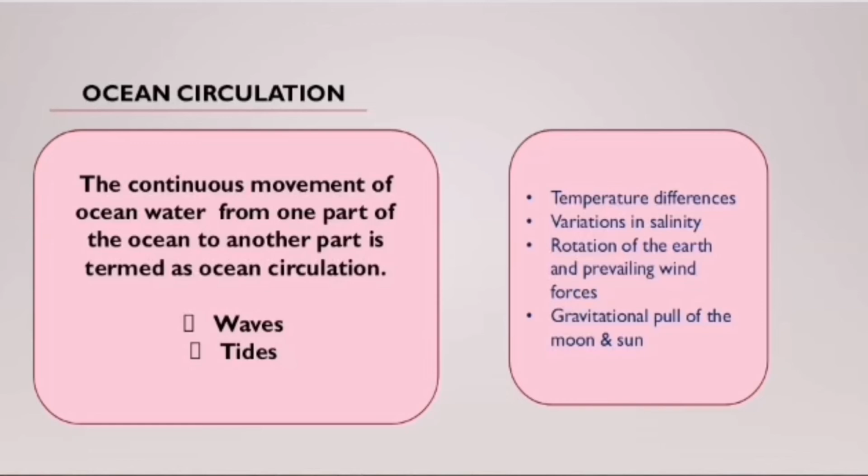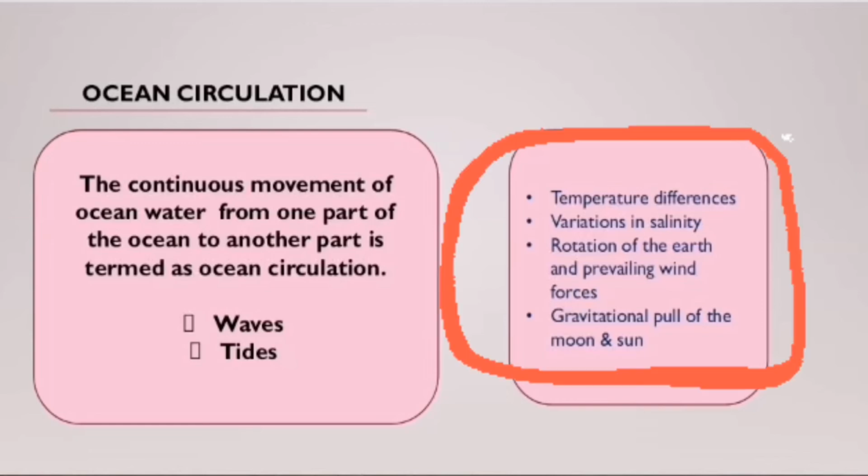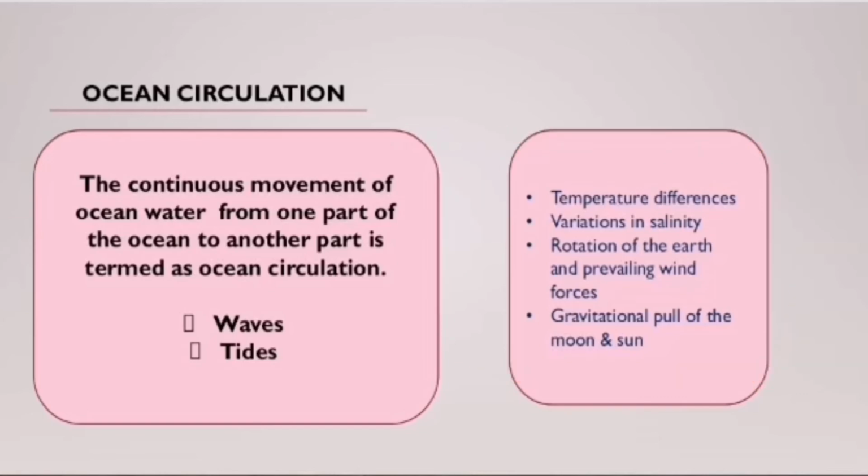The main factors that cause movement of the ocean water are temperature differences, variations in salinity, rotation of the earth and prevailing wind forces, and the gravitational pull of the moon and the sun.